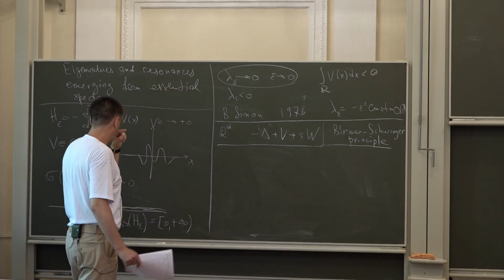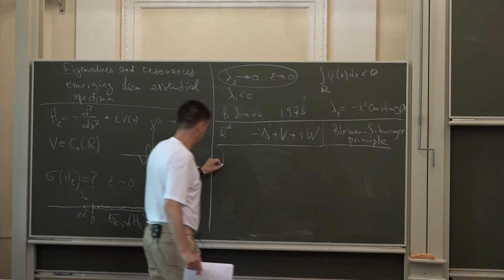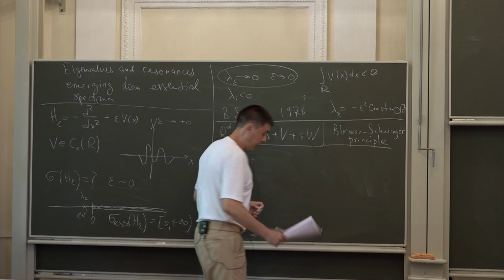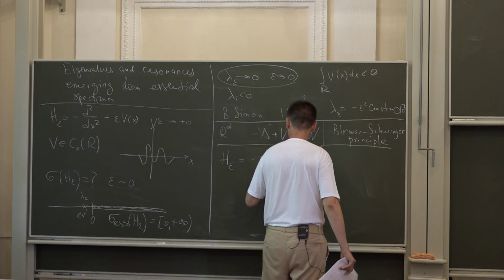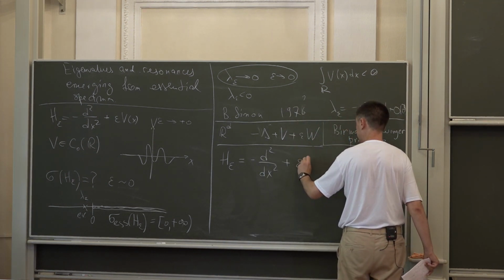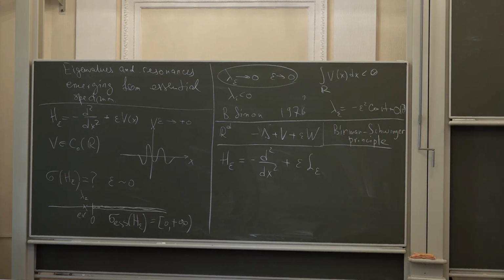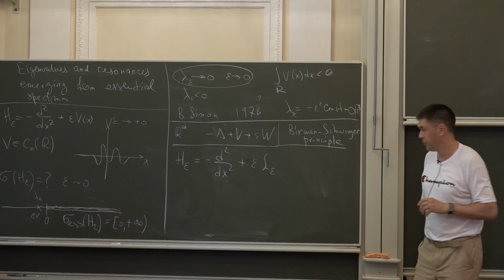But I shall first discuss the case when we consider the operator of such form. So I shall first write the operator. And I shall write it like this: epsilon L epsilon, where L epsilon will be some operator, not necessarily a potential, but for instance, it can also be a second order differential operator.